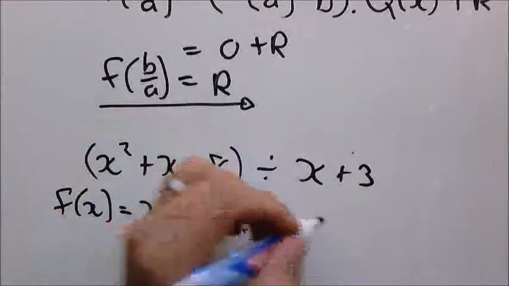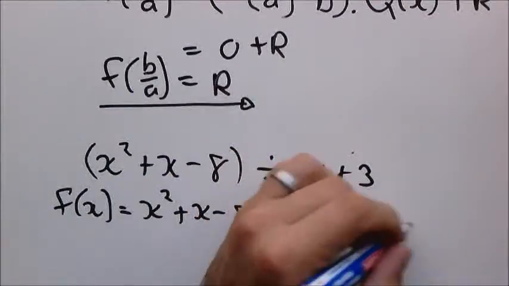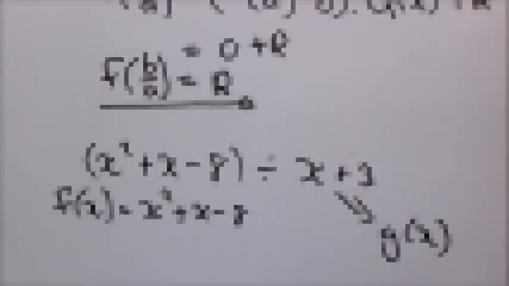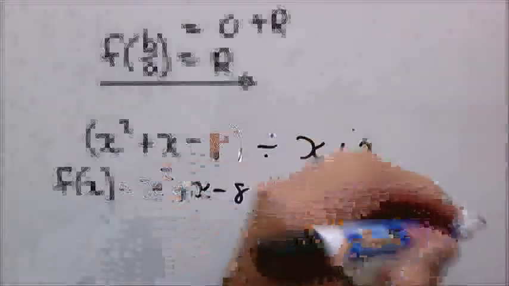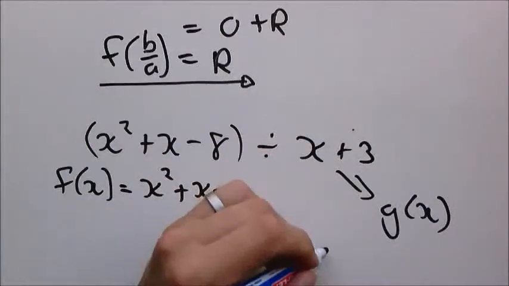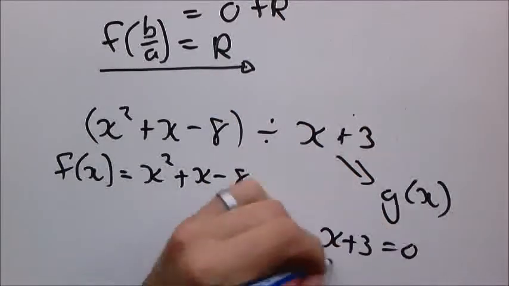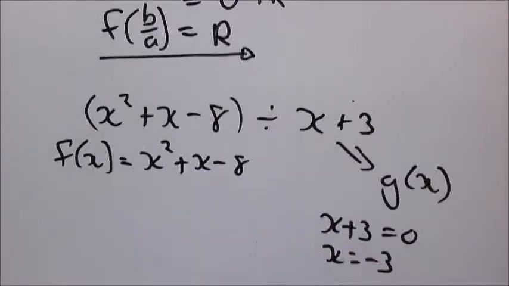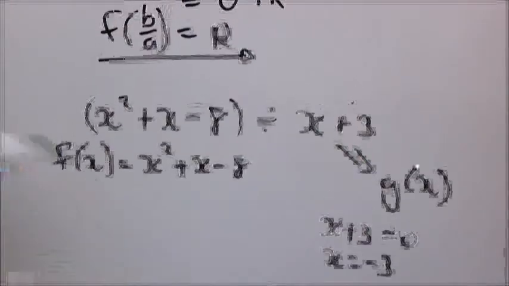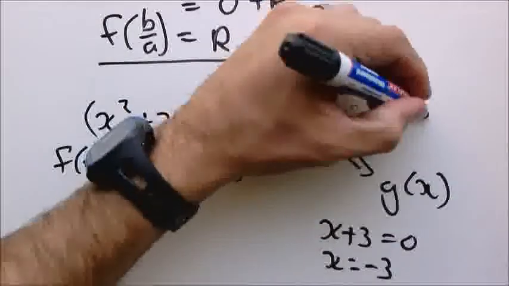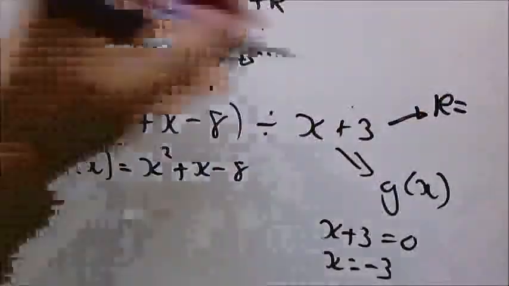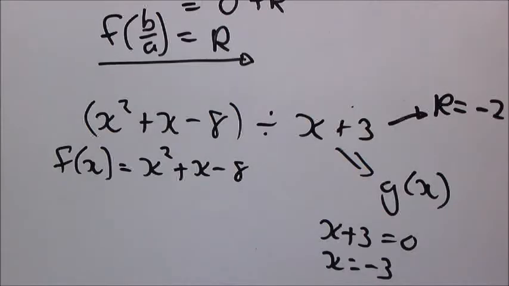Let's call this g(x) just for the sake of our explanation. So if g(x) is equal to 0, then x plus 3 is equal to 0, so x is equal to negative 3. And you would remember that for this one, we got a remainder of negative 2. So keep that in mind.